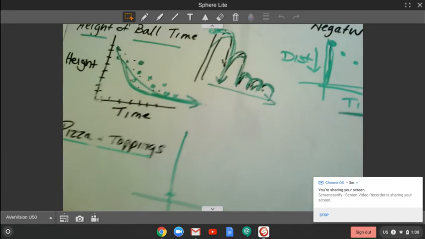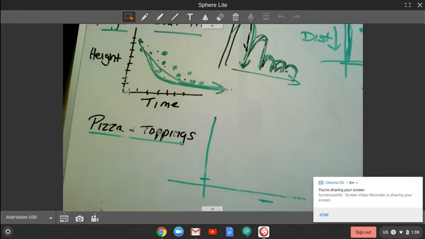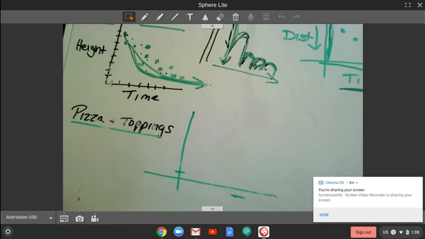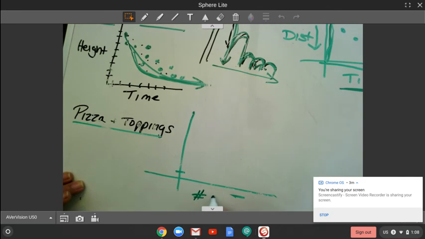Okay. Let's look at one where you decide if it's positive or negative. I'm going to look at the cost of a pizza versus the number of toppings you get on that pizza. Okay, so if I was going to graph something like that, I would say number of toppings and cost.